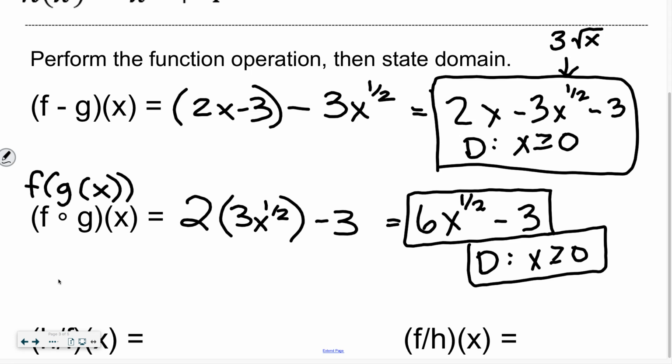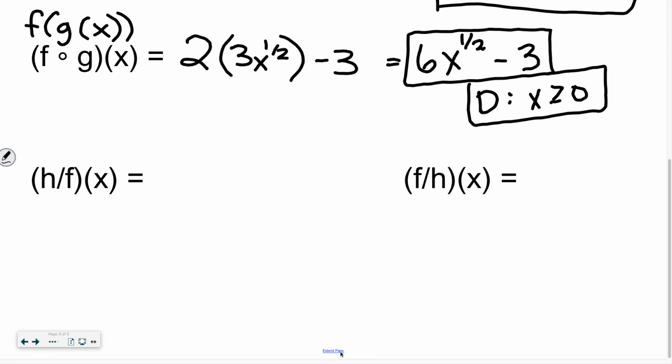Okay, let's try h divided by f of x. I've scrolled down on my screen, so you guys will have to help me out. What is h? X squared plus 4.